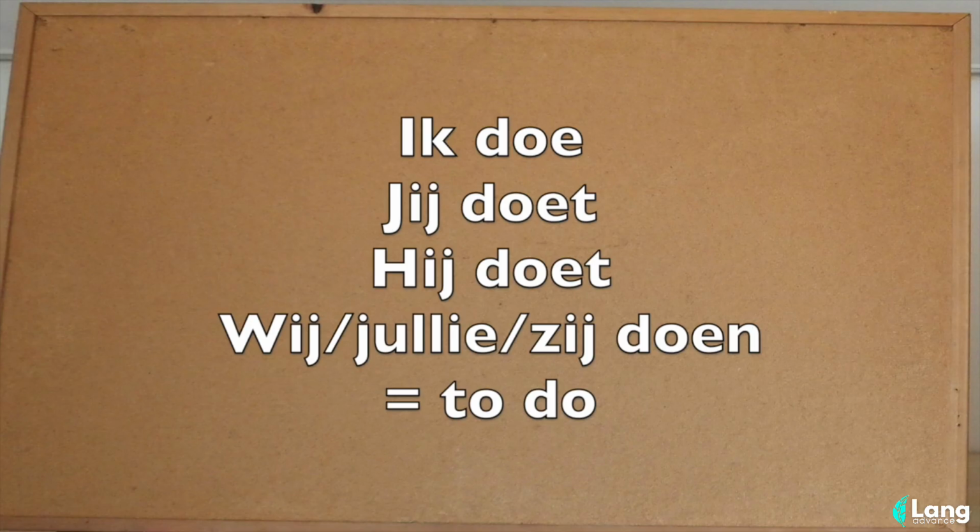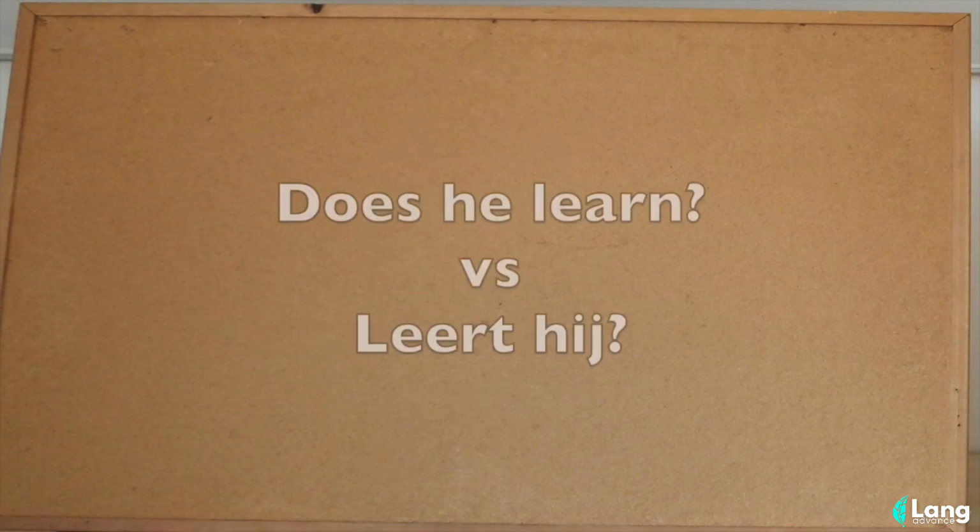One additional remark about doen. When we're asking questions in English, we sometimes use the verb to do. For example, does he learn? Or doesn't he learn? However, in Dutch, this is never done. So instead of does he learn, it's leert hij. Doen is not put there.